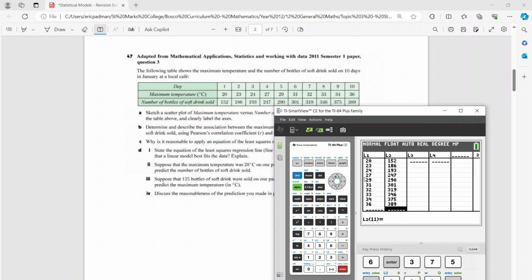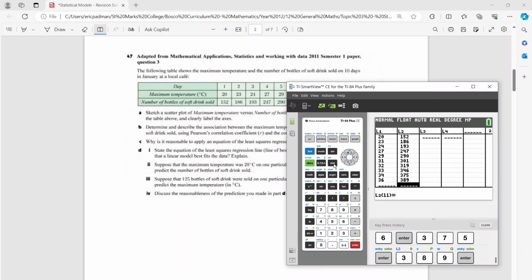I'll double check those. Looks alright to me. We should take a little bit more care, just make sure. 36, 34, 33, 32, 31, 30. Yep, looks great.